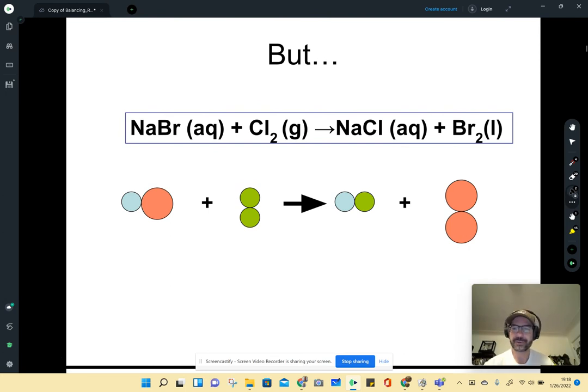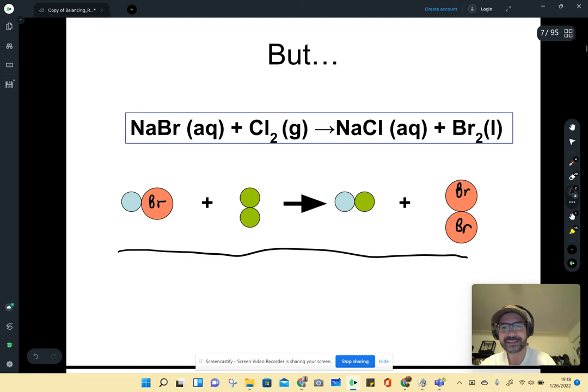Now we're going to segue into balancing. So this equation we just looked at, if we were going to draw out the molecules, it looks like for bromine here, these are your bromines. Well, what this is saying is that we're reacting this one bromine over here to give us 2 bromines. That makes no sense. You can't just create more of an element.